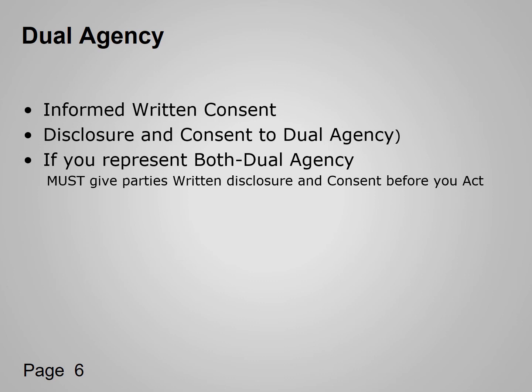You must give the parties written disclosure and consent before you act. So make sure that they get that. And your book has these forms in it. If the parties do not want you to be a dual agent at any time after agreeing to it, if afterwards they change their mind, either party can withdraw at any time.